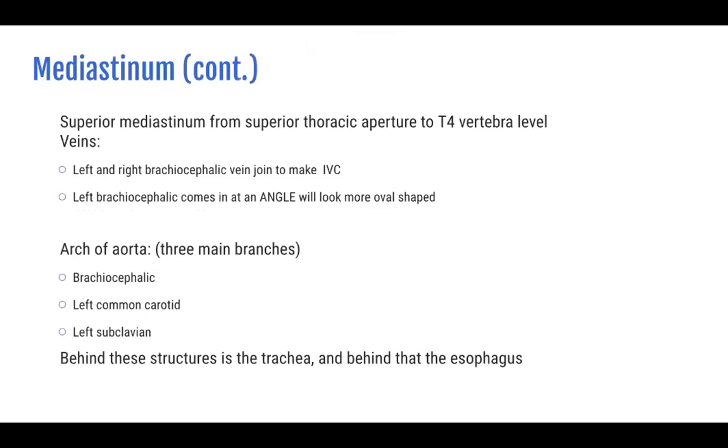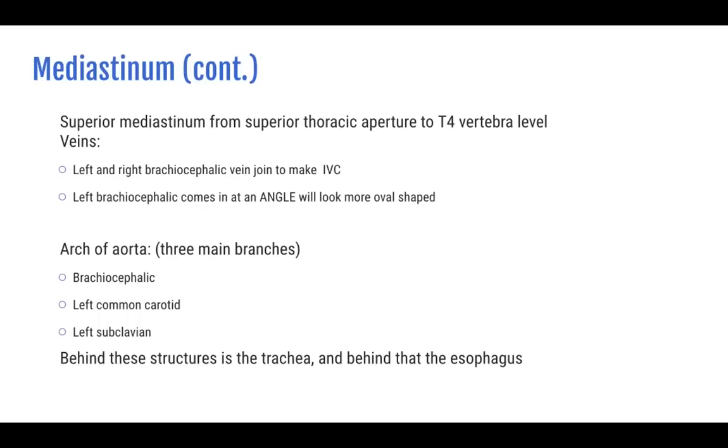For the superior mediastinum, the borders are from the superior thoracic aperture to T4. So anything above T4 all the way to the thoracic aperture is the superior mediastinum. The main contents in relation to your exam will be the veins, the left and right brachiocephalic veins, which we'll see on cross section join to make the superior vena cava.